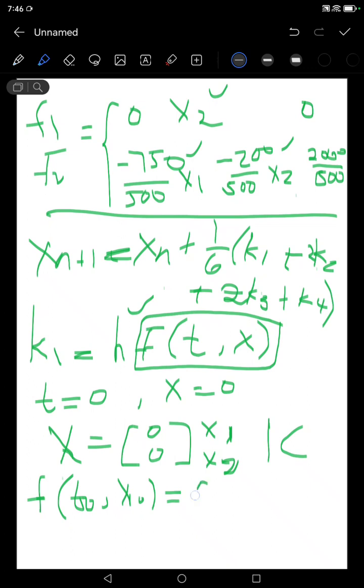So here we're just going to write our matrix. So it's going to be x2, minus 750 over 500 x1. Okay, and then here we're going to have minus 200 over 500 x2, and then here we have 2000 over 500.